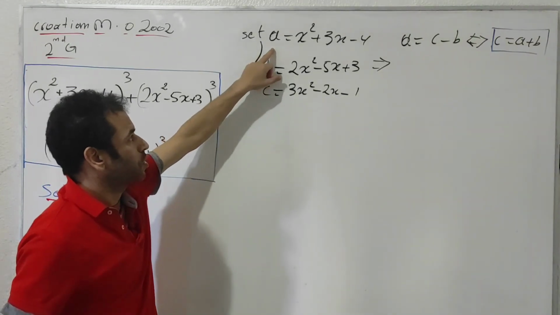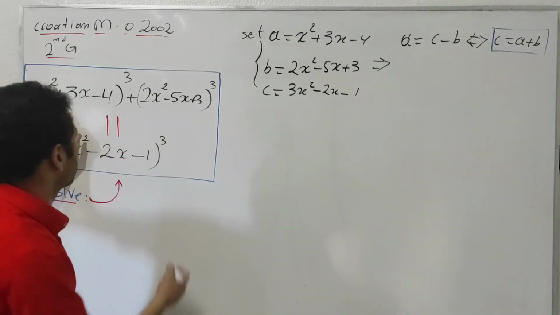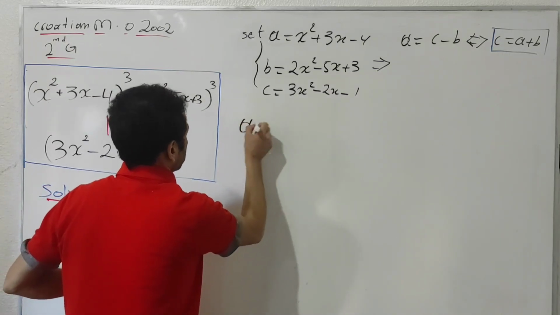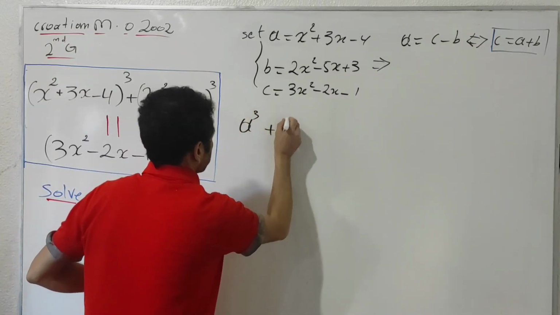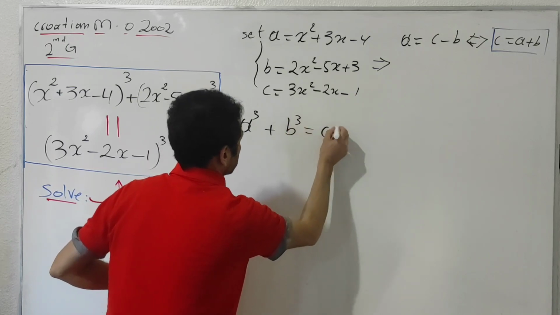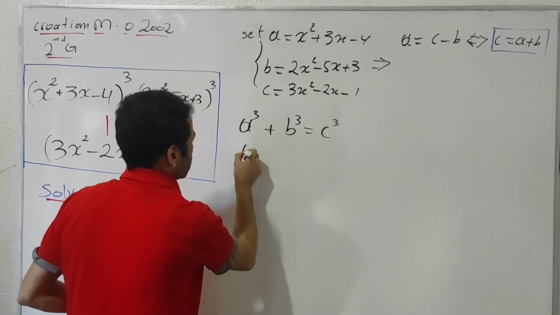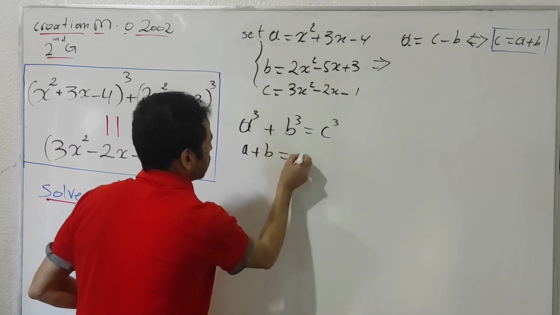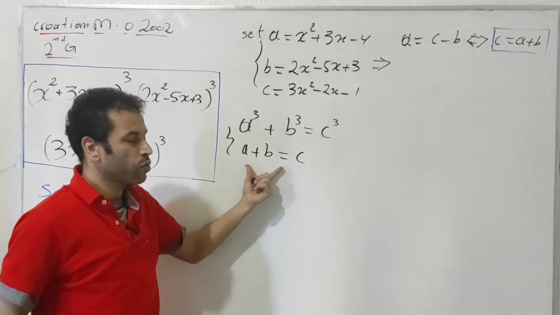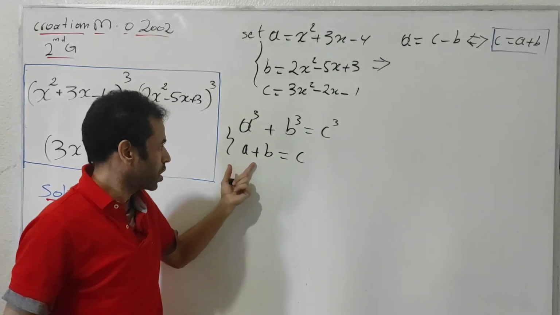Now I'm going to replace these new variables into this equation. I will have A³ + B³ = C³, and also I have A + B = C. Then I'm going to raise to the power of 3 the second equation.